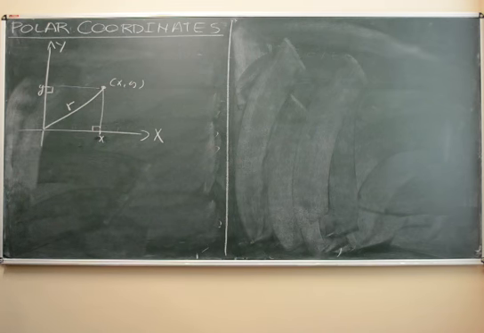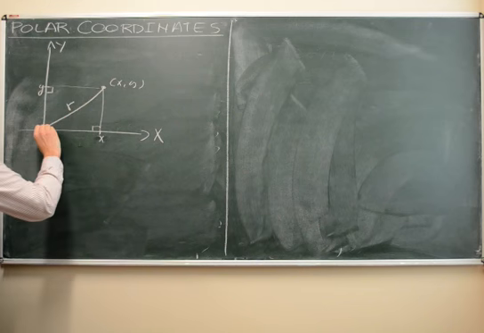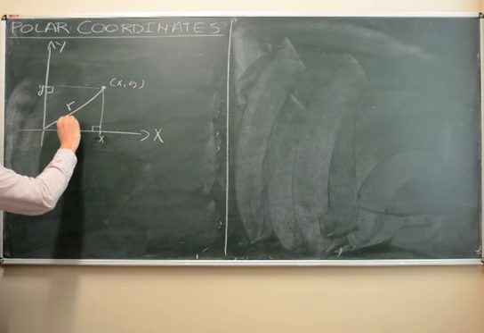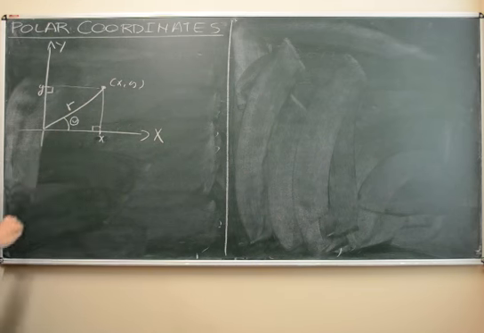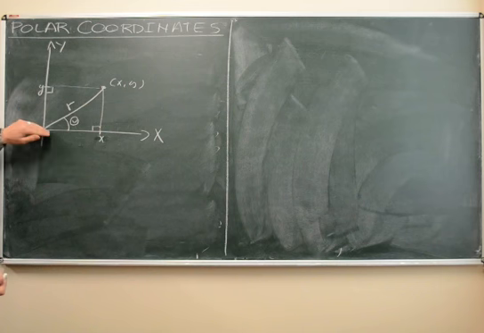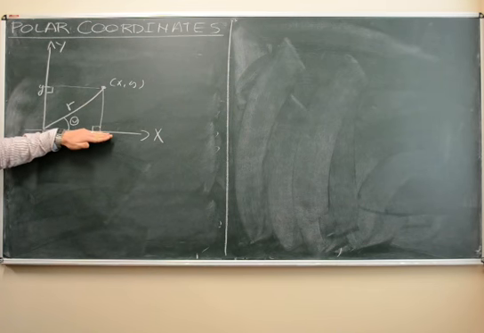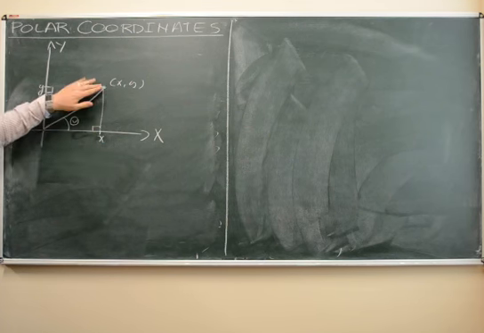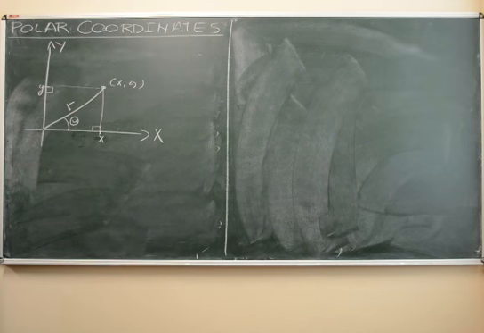And now if you also know the angle that this radius makes with the positive x-axis, let's call it theta, then you know exactly where this point lies. Because r tells you I'm going out a distance r from the origin, and then theta tells me I'm going to rotate in the anti-clockwise direction through an angle theta. And then that point is fixed, it can't move.